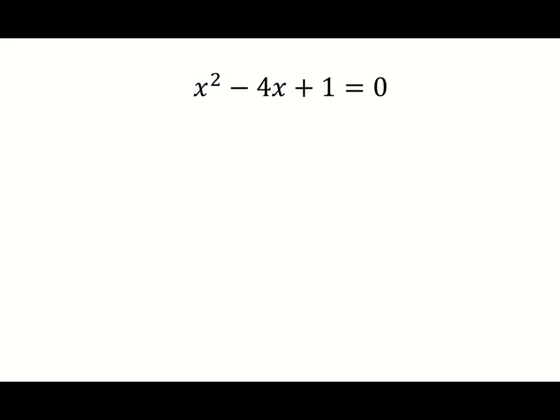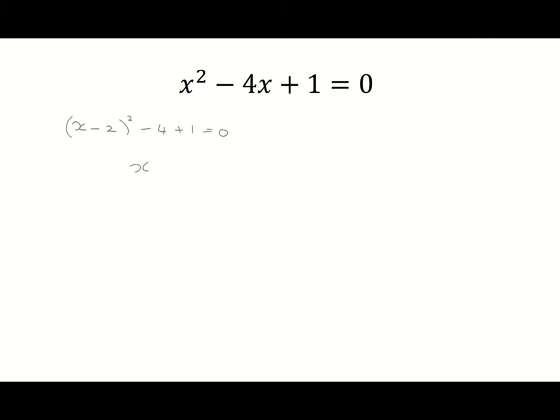Let's just go straight in this time to thinking we're going to add half the coefficient of x to both sides. So we can just go straight into saying that this is x minus 2 squared minus 4. So we've added half of 4 squared and then taken it away immediately, plus the one that was already there to give us that.